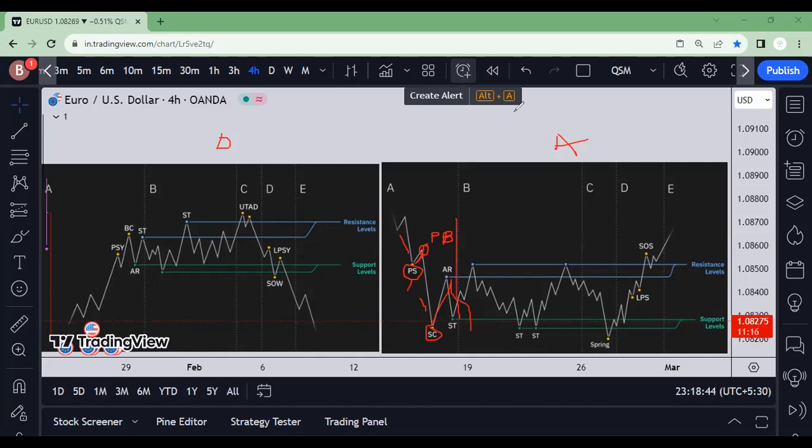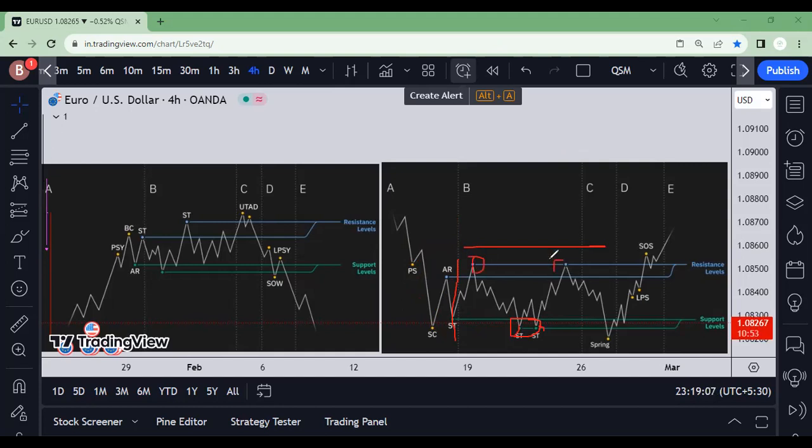This defines phase A. Phase A is what is happening over here. Phase B is the entire duration wherein testing is taking place. This could be called springs, but we call it secondary test.